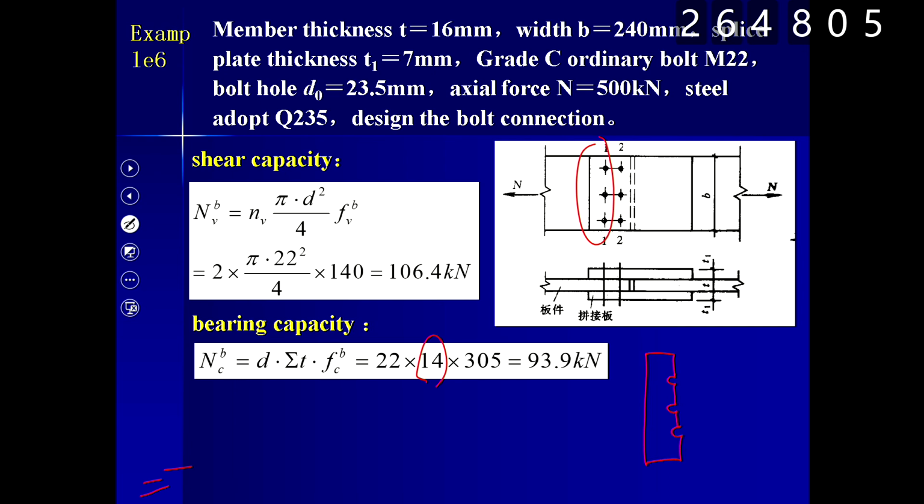And the thickness is 16. This is B equal to 240, right? And we should calculate this surface.